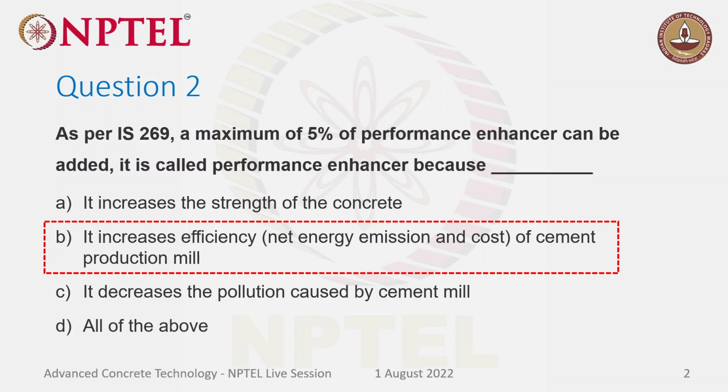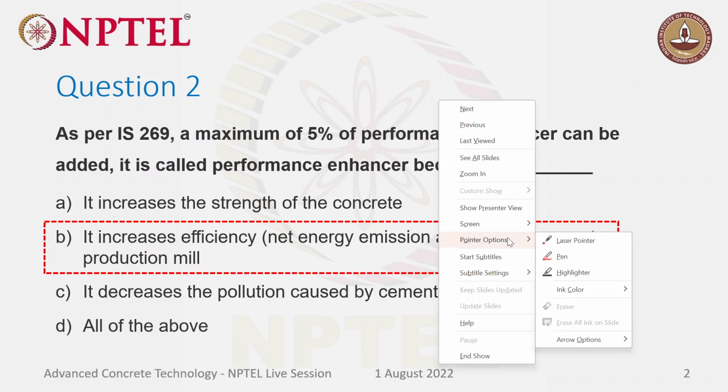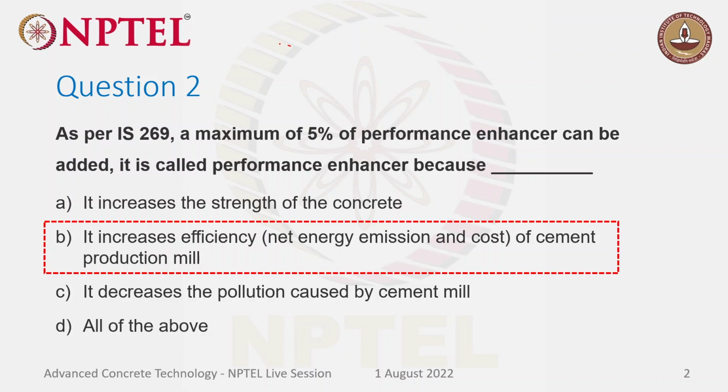Okay. So generally, let me use the pen option here. We know that calcium carbonate is one of the raw materials that we use in cement production, the major portion of the raw material used for cement manufacturing.